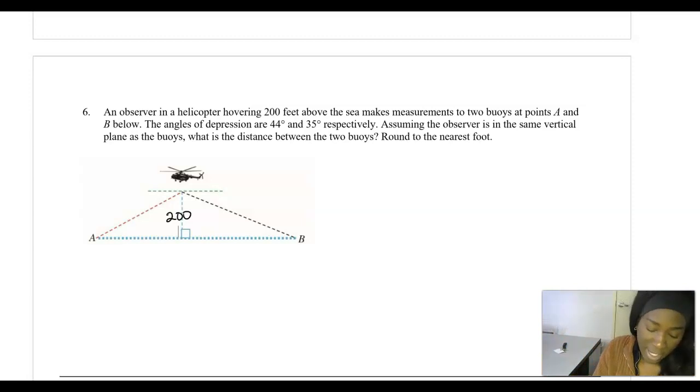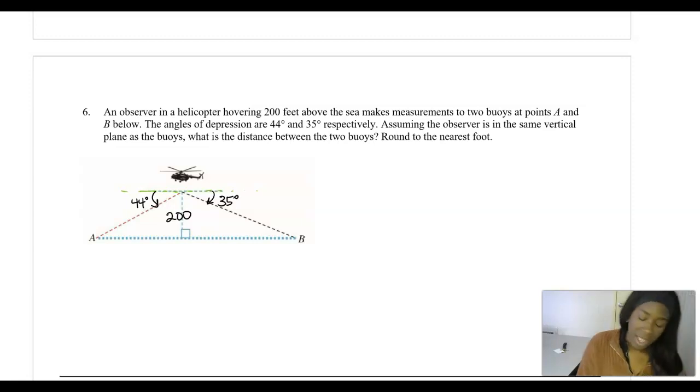Our observer is in the helicopter, so we need this horizontal here from the observer before we can sketch in those angles of depression. And we're told that the angles of depression are 44 degrees, so this is a 44 degree angle, and 35 degrees, respectively. We want to find how far apart those 2 points are in the ocean.